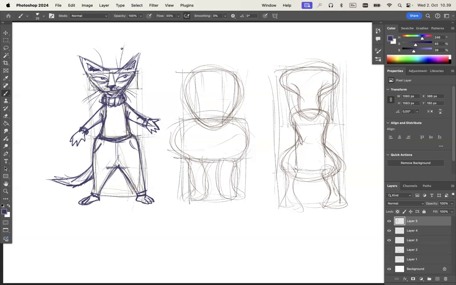Of course, with this character, I would have to turn them around at some point and see what they look like from the other side and so on. And the length of the hands is not ideal. One hand is shorter than the other. So yeah.